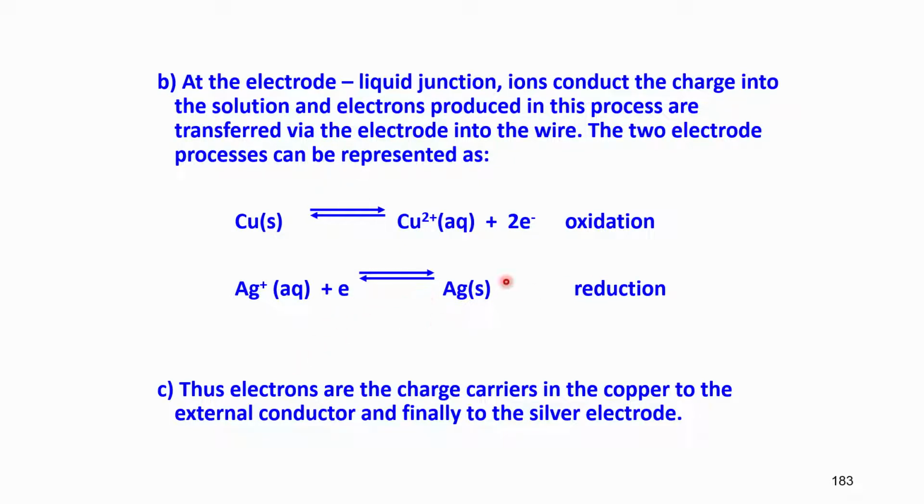But forget about deposition, because it is an equilibrium reaction I am trying to show. Okay. So, the electrons are the charge carriers in the copper, to the external conductor, and finally to the silver electrode. This I had explained to you earlier. Okay.